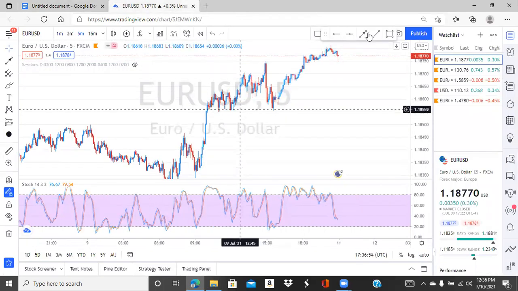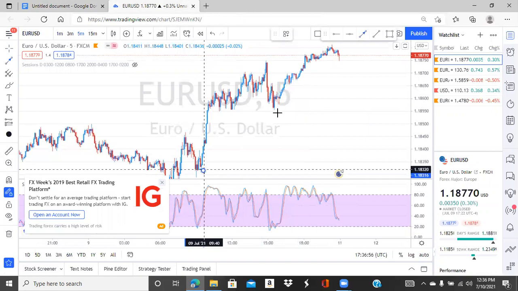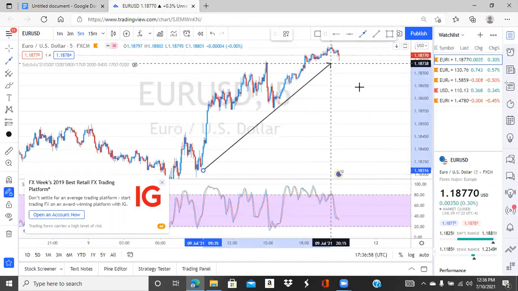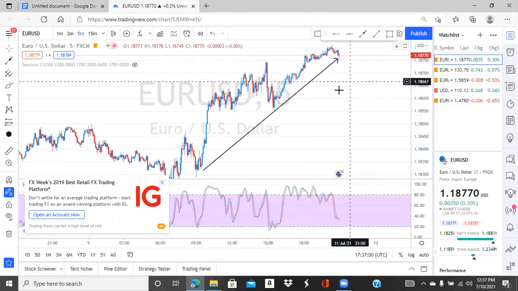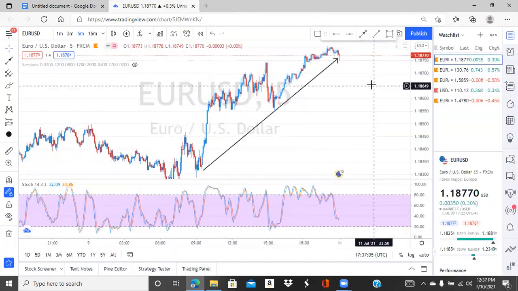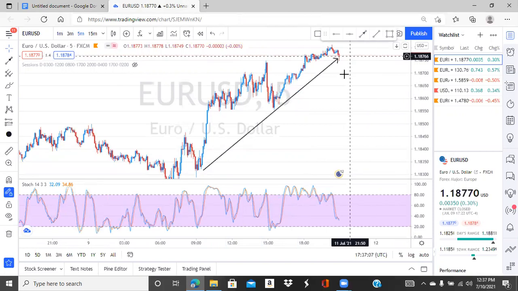All right. So if the market is moving very strong in the upwards direction, that means that we have a lot of bullish momentum. What does that mean? That means that we have a lot of buyers in the market. All right.